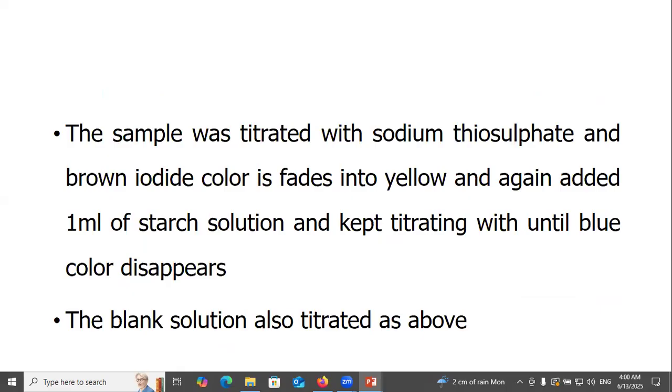The sample was titrated with sodium thiosulfate until the brown iodine color fades into yellow, and then 1 ml of starch solution was added and titration continued until the blue color disappears. The blank solution was also titrated as above.